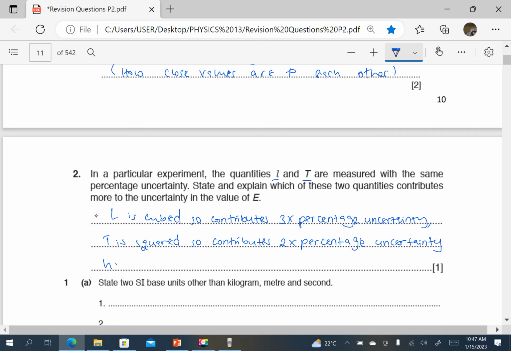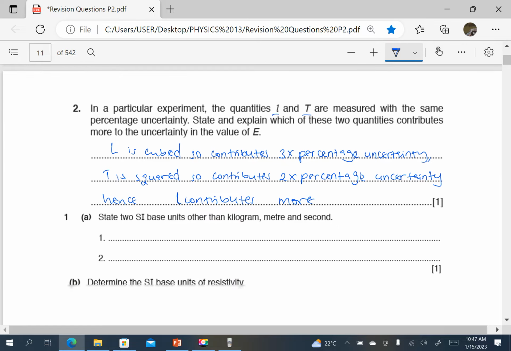Hence, L contributes more because its contribution is 3 times the percentage uncertainty.